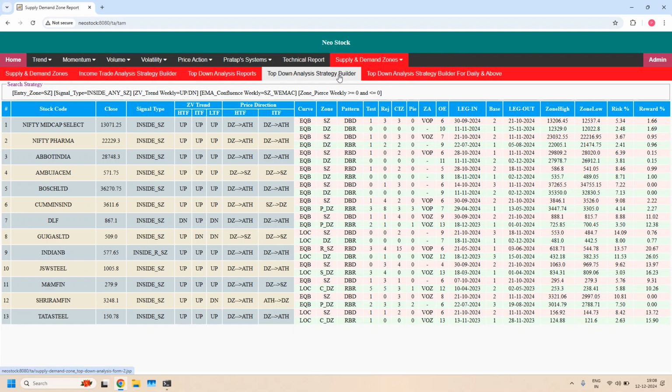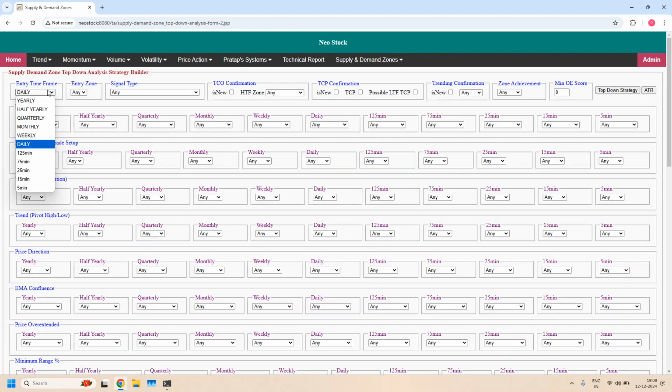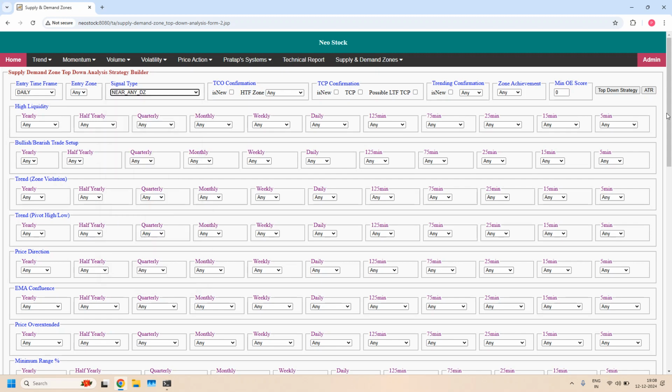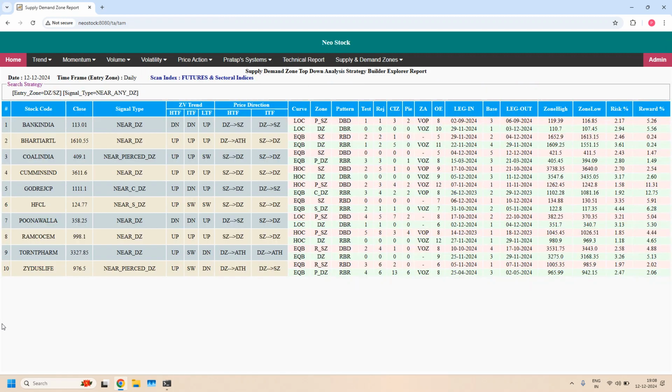Next time frame is daily. Entry time frame daily. Let us find the stocks near daily demand zone. 10 stocks are filtered. Let us identify high liquidity zones from this list. It is a pierced zone, Godrej, so it is not a valid stock because it is pierced.